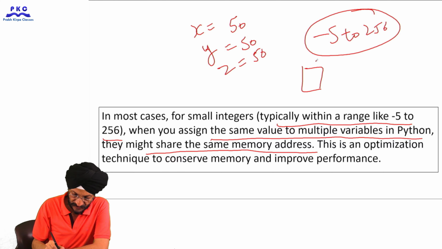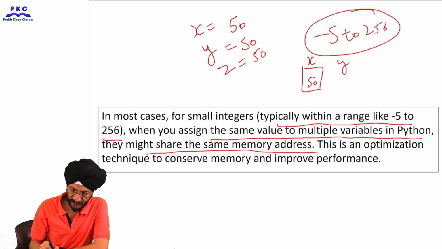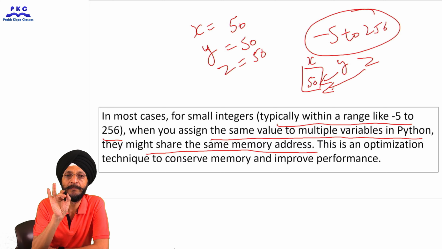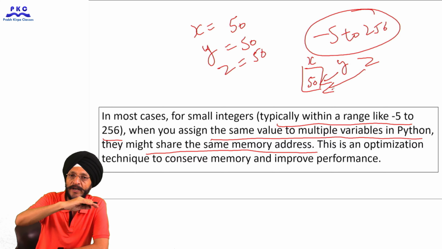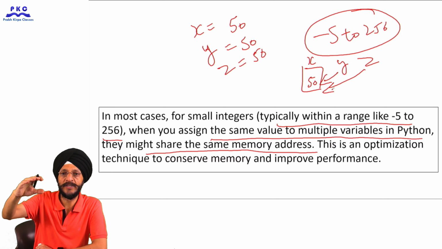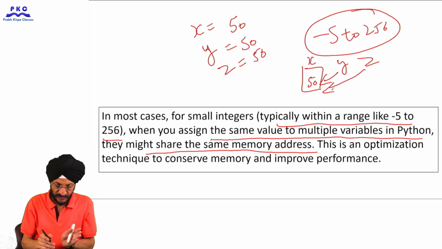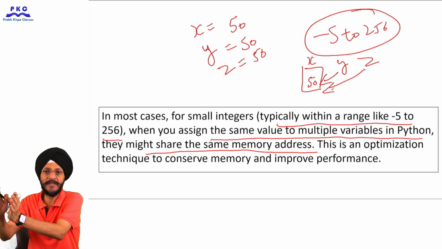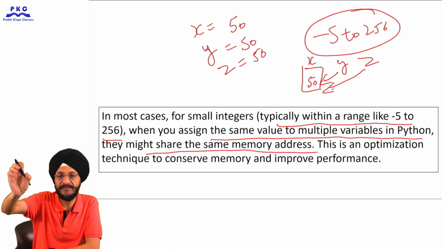That is, this will be the object 50, and y and z will also be referring to the same object in memory. The memory manager will not allocate different locations. That is, the 50 will not be stored at different places under the variable names x, y, and z.